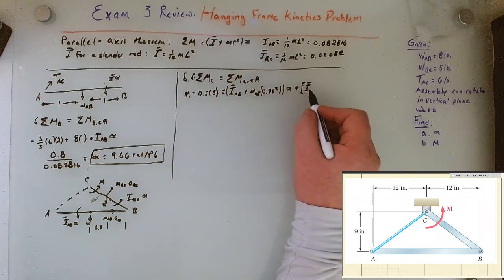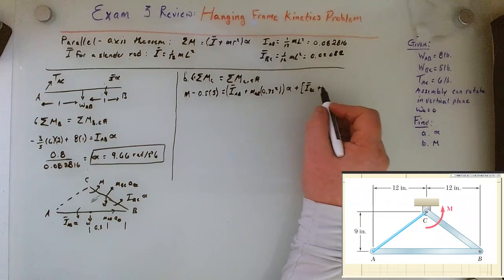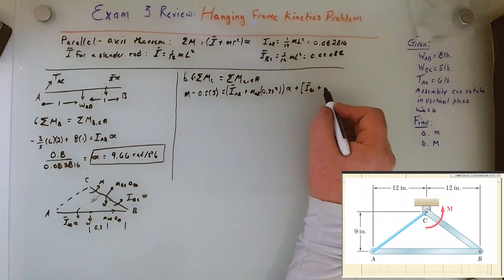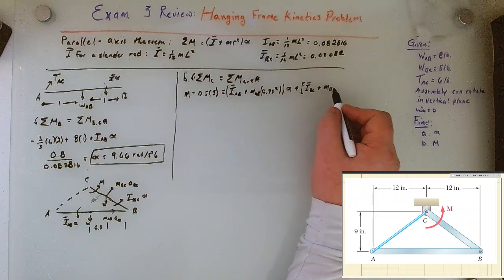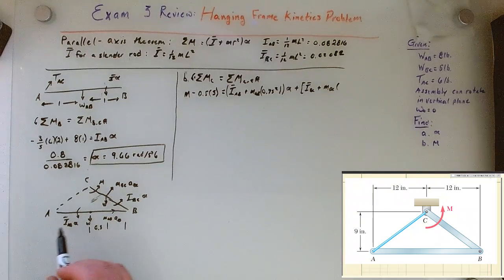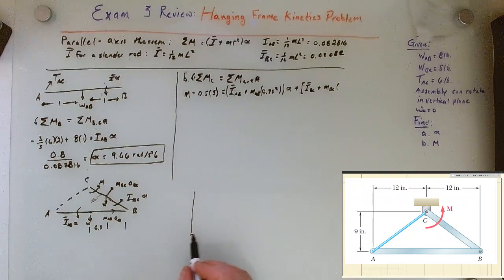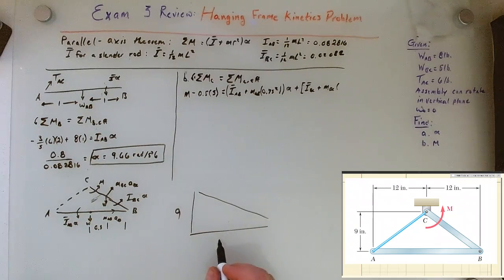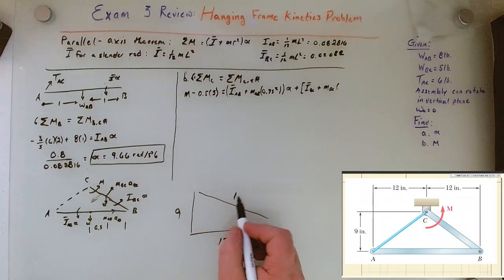plus, then we need the contribution from bar BC, so I bar BC plus M, so MBC times, and now both sides are 3, 4, 5 triangles, so if you look at it, this is 9, this is 12, which makes this 15, right?